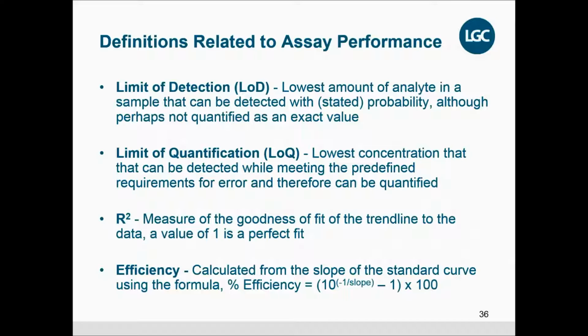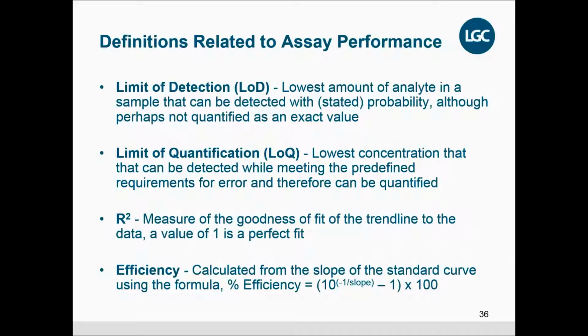So when assessing assay performance, I just wanted to define some of the criteria we're using. Limit of detection: what is the lowest amount of analyte in a sample that can be detected but perhaps not quantified? Usually this is associated with a stated probability. So assuming a 95% confidence interval, the theoretical limit of PCR is 3 molecules.